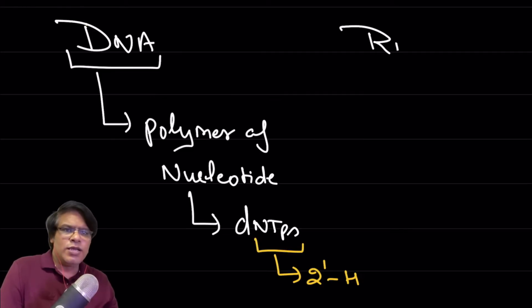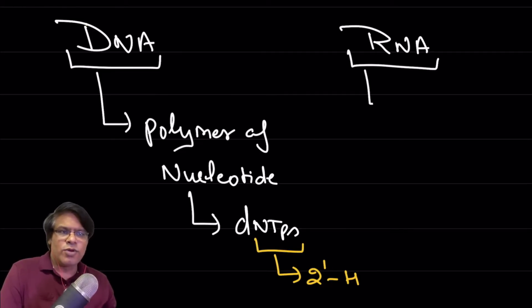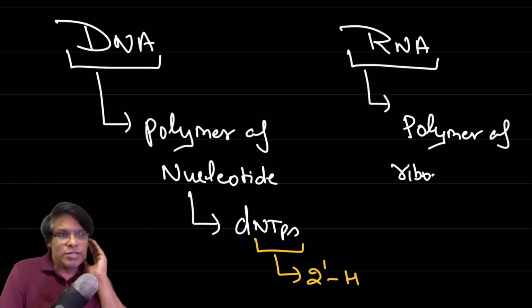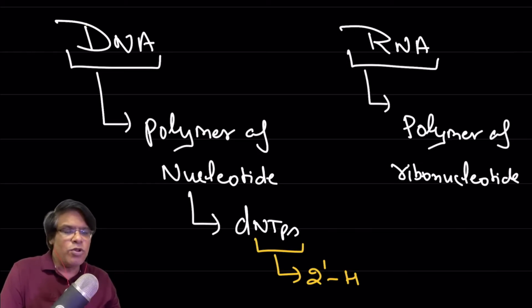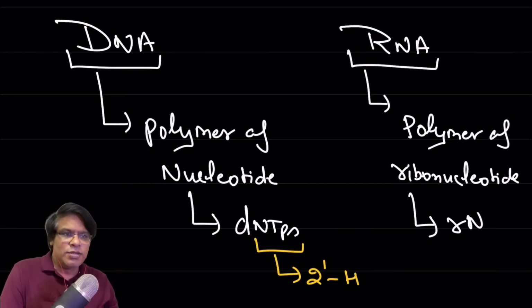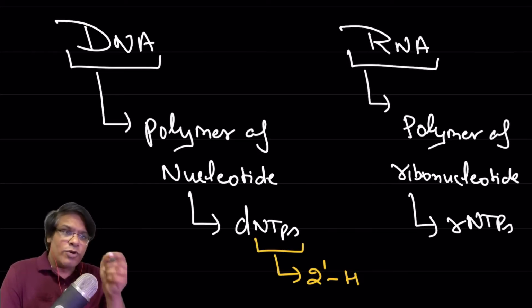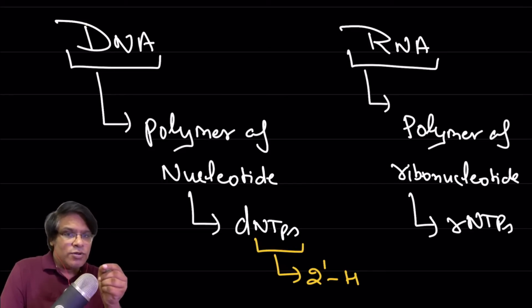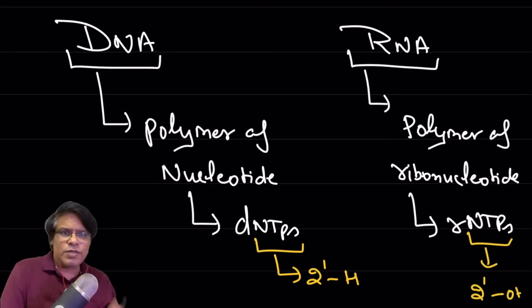While in the case of RNA, RNA is a polymer of ribonucleotides. You can say it is a polymer of rNTPs. In ribonucleotide phosphates, at the 2' position of the sugar, you have a hydroxyl group. So this is the basic difference between DNA and RNA.